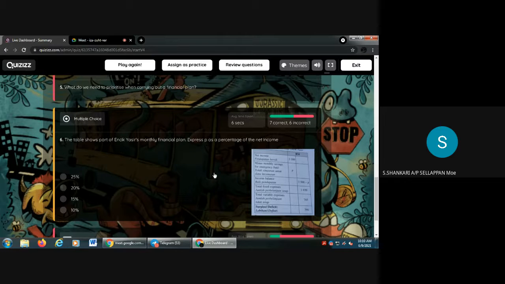Okay, you calculate now. How to calculate? Percentage of the net income. Minus monthly savings for emergency fund. P is income balance, 3,500 minus P. Total fixed expenses 1,650, total variable 765, then you have a deficit. Deficit means expenses have exceeded income.